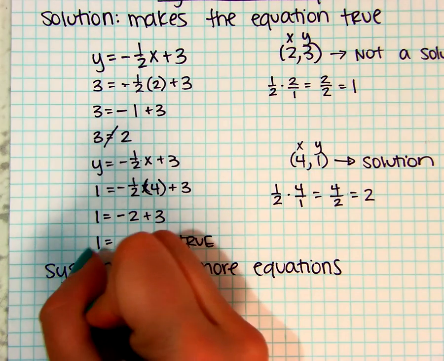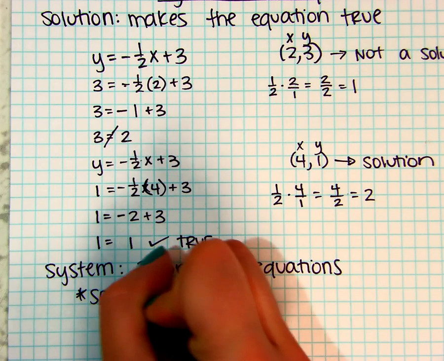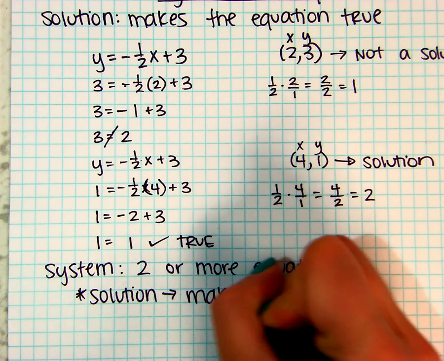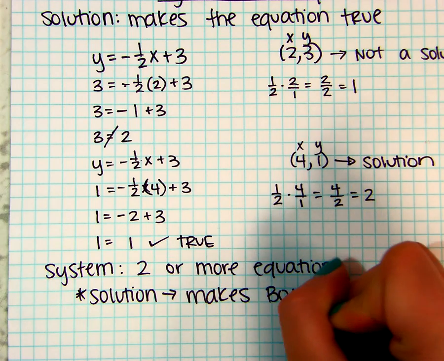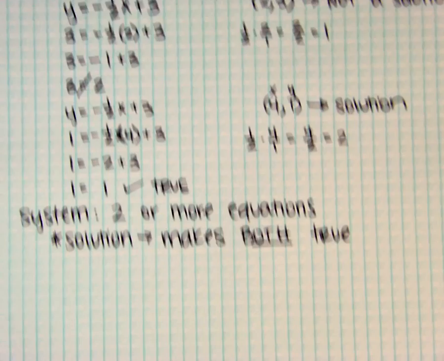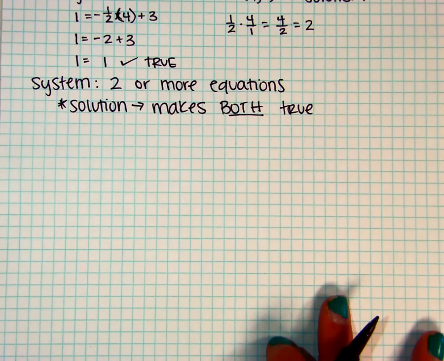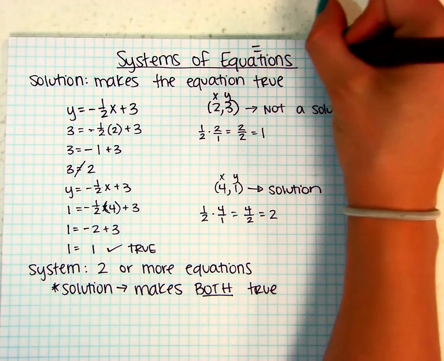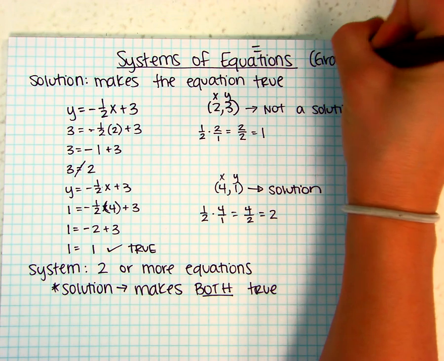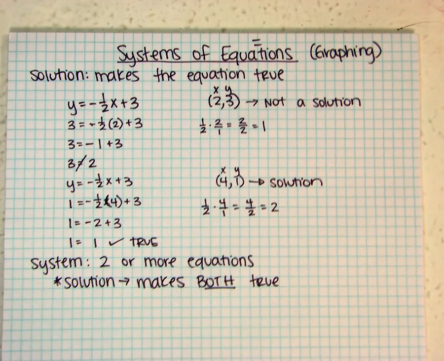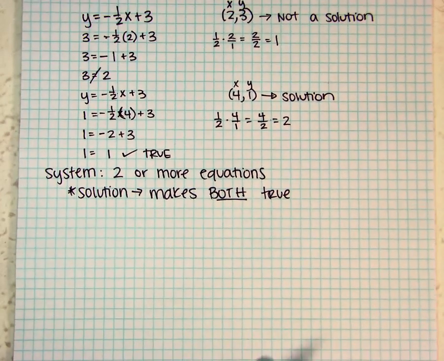And the solution makes both true, not just one, but both. So when we're looking to do this via the graphing method, all we have to do is look for where they intersect.